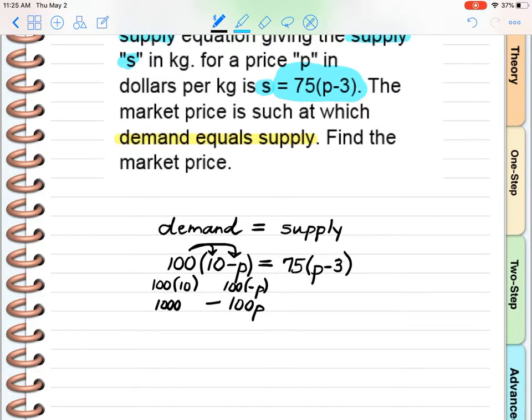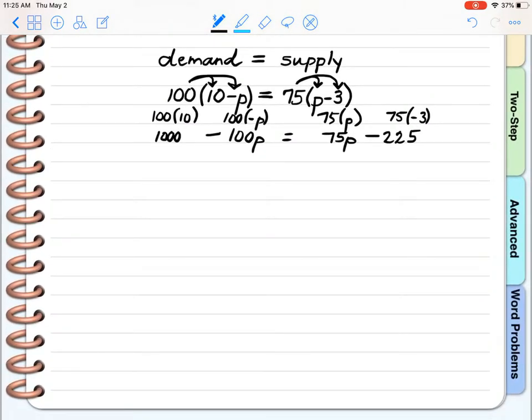And then on this side, I have 75 times P, or 75P, and 75 times negative 3. Be careful there. Negative 225. And remember, these are equal. So we have the equation that we need to solve.